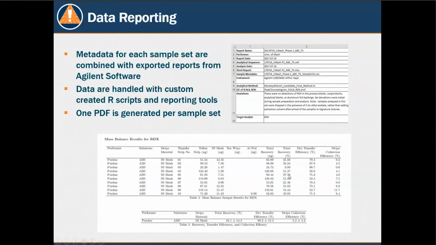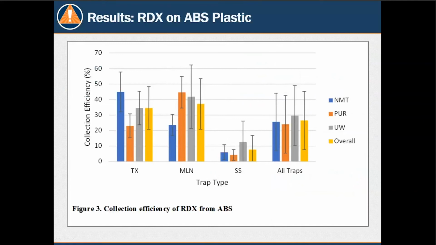So I call those to your attention as we move into some results, and I could show you graph after graph. Alan provided me no shortage of data, but all of them look exactly like what I'm showing you right now. Okay? So here you see the results from New Mexico Tech, RDX removal from ABS plastic, and you can see with TechSwipe or the muslin or the stainless steel trap, there were changes in the collection efficiency, but it was not consistent, the trend for New Mexico Tech not consistent with the trend from Purdue.